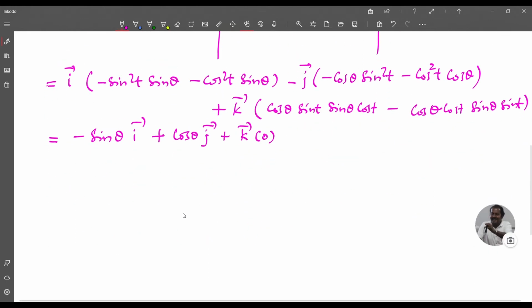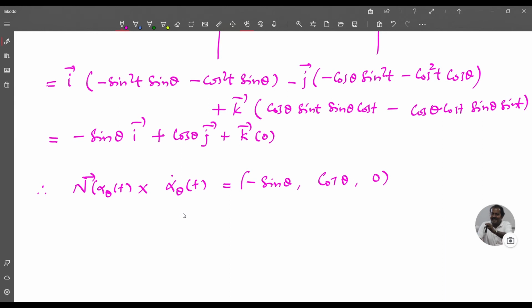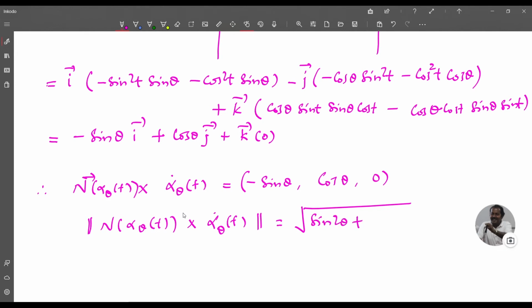Therefore, n of alpha theta of t cross alpha theta dot of t is minus sin theta, cos theta, 0, and its norm is equal to square root of sin square theta plus cos square theta plus 0, this is 1.